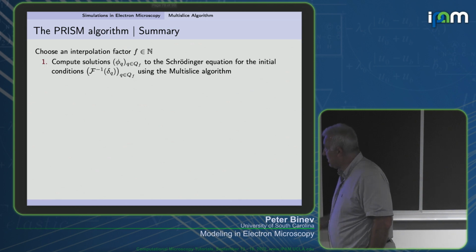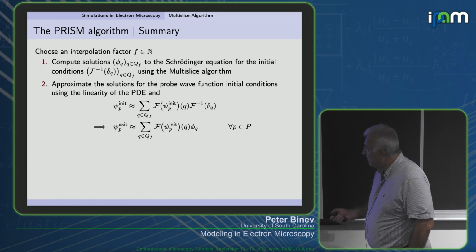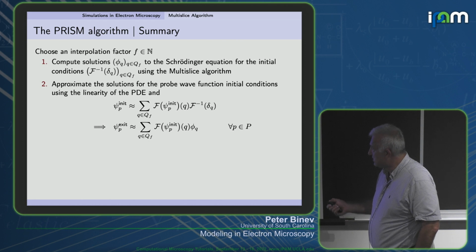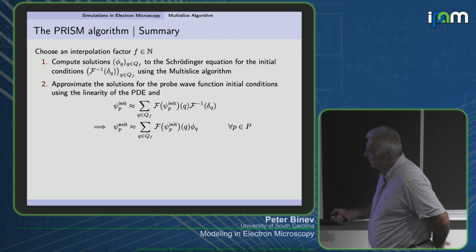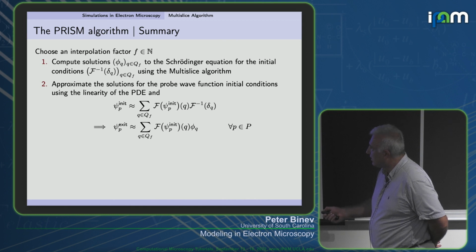So what is the summary? That we compute the solutions to the Schrodinger equation with some special initial conditions, which are for elementary functions, that is practically the elementary waves, then approximate the solution of the probe as we get this representation, which is pretty nice.